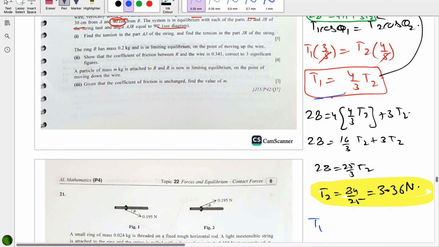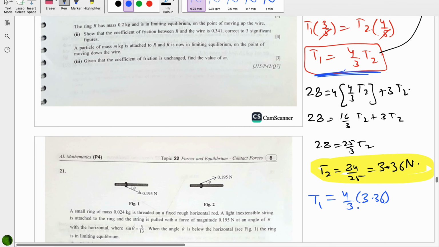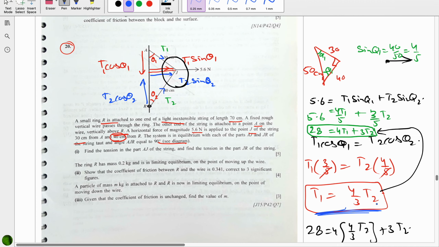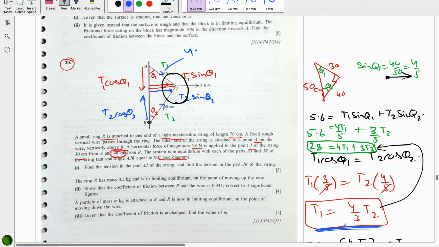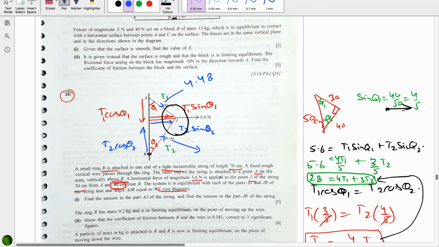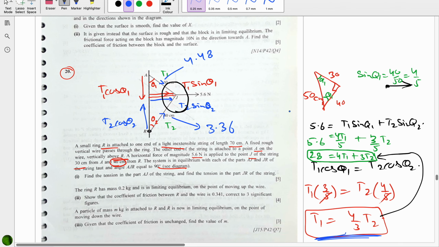So T1, this equation right here, is 4 by 3 of 3.36, and that turns out to be 4.48 newtons. So now I know T1 is 4.48 and T2 is 3.36. Done with the first part.